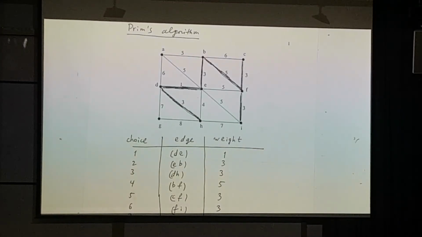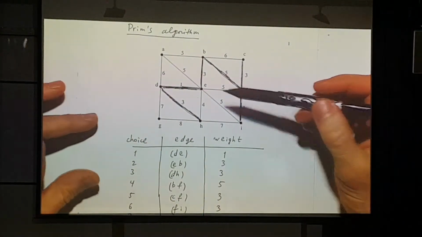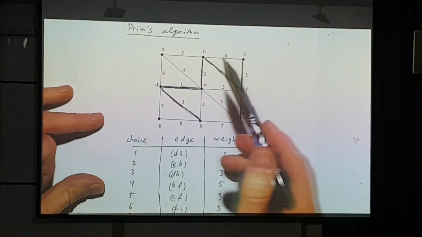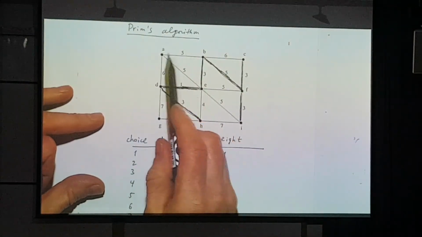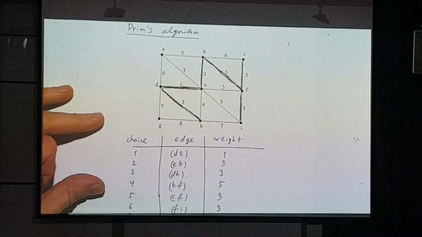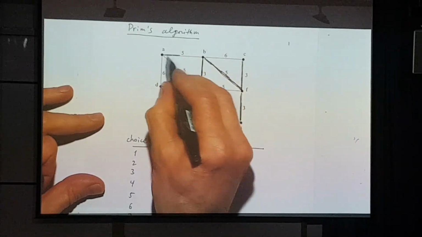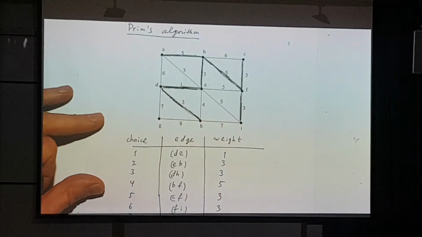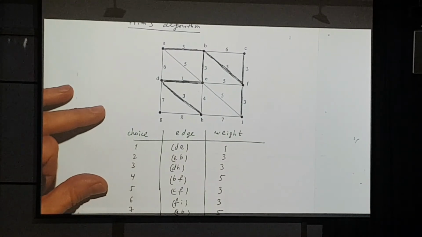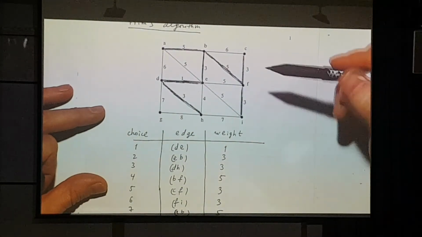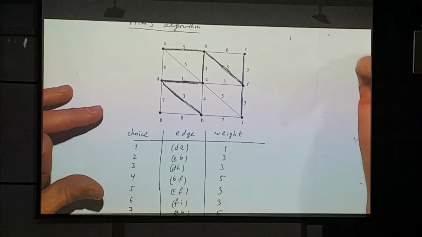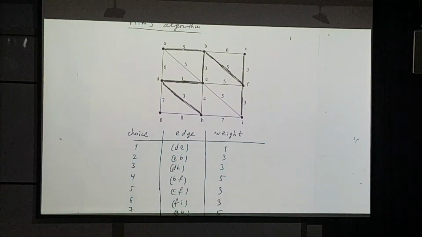So let's see what weight 5s I can add. I cannot add EI because that will create a simple circuit, but I can still add either BA or EA. Let's just pick one of them at random. Say AB, 5. So now EA is no longer possible, so nothing of weight 5 can be added.